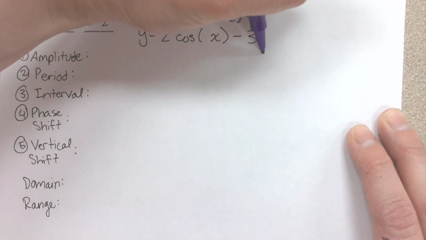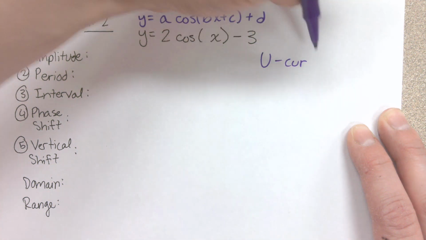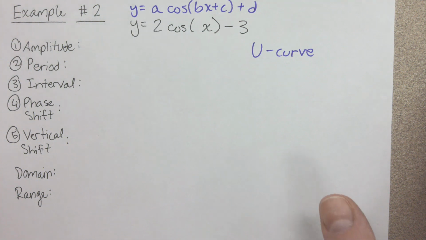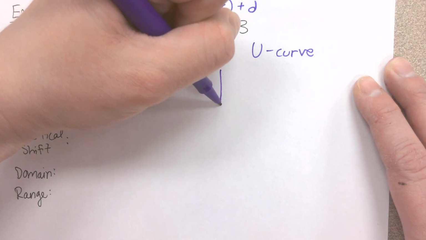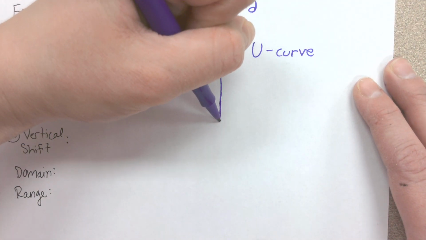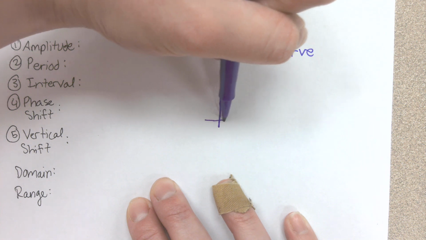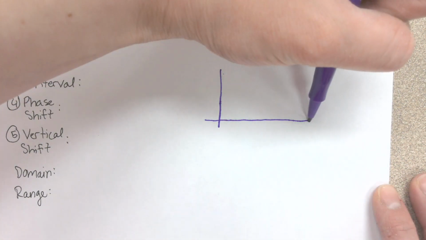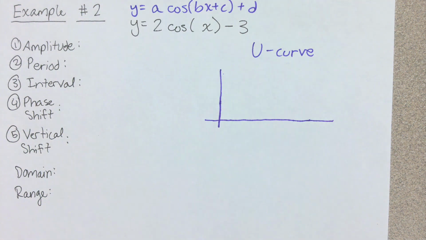So cosine has a U-shaped curve. The general pattern is the same, but how it starts is different. So that's really the difference between a sine versus a cosine graph.